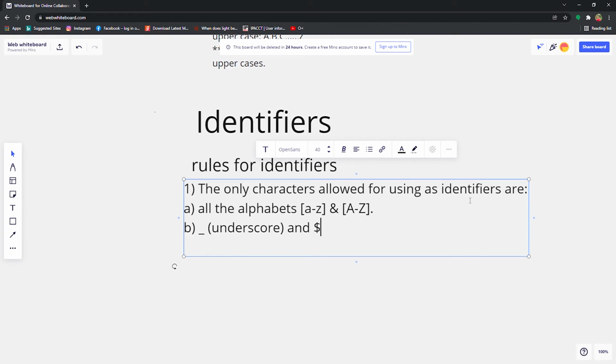These two are used in identifiers, or you can say as identifiers also.